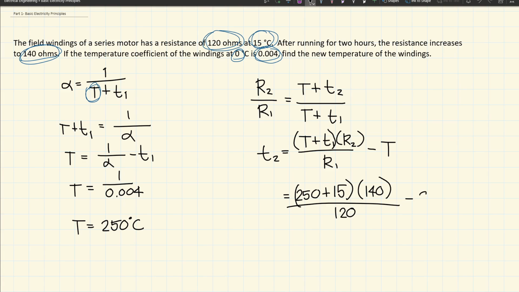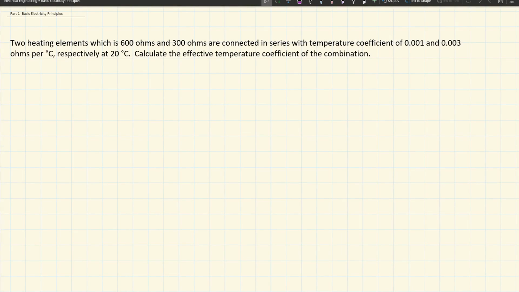Minus T, 250. Our T2, or final temperature, is 59.2 degrees C.